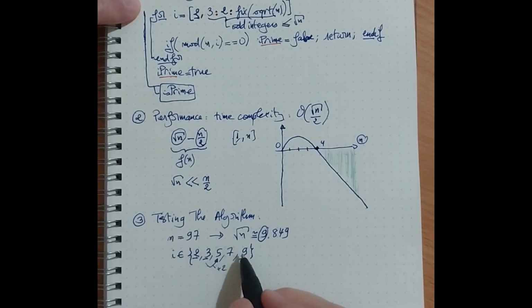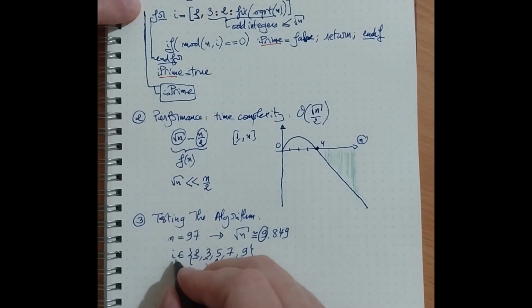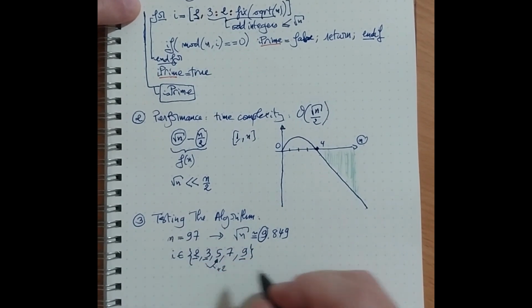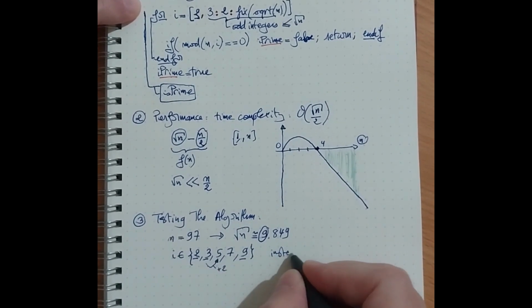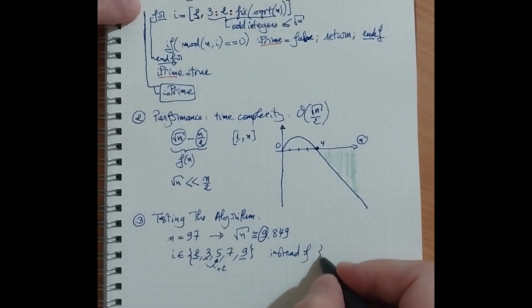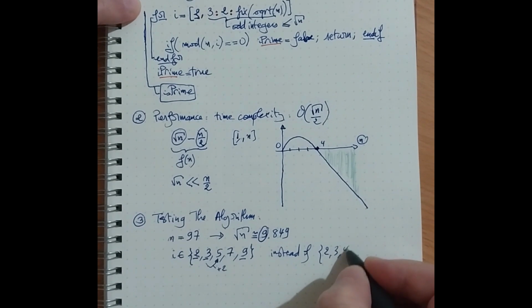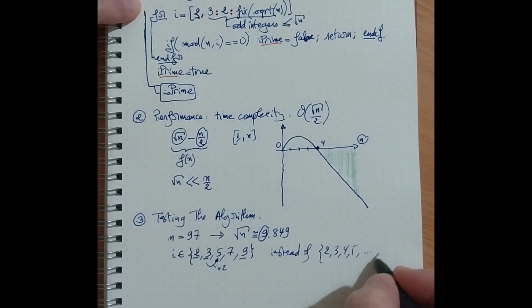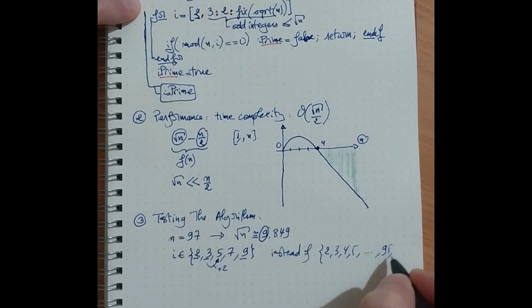If it is not, then we check all the odd numbers till square root of n. So it's a very small set. It contains only 5 elements. So i is in this set instead of, in the first algorithm, 2, 3, 4, 5, etc. till 95, 96.